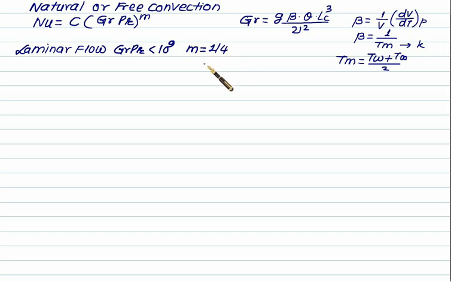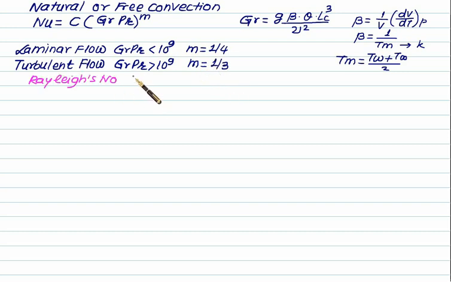And if it exceeds 10 to the power 9, that is Gr Pr is greater than 10 to the power 9, in the case of turbulent flow, you have to select m equal to 1 by 3. The product of Gr Pr is called the Rayleigh number, represented by Ra equal to Gr multiplied by Pr.